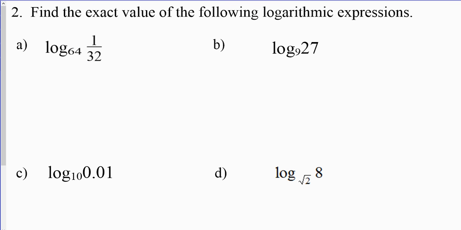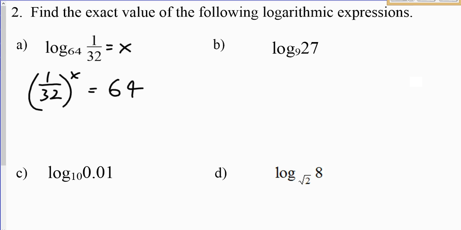So that can help us find the exact values of the following logarithmic expressions. Our first step is we want to write it as an exponent, and these should be familiar powers that we should know. So I always let these equal x. Then I'm going to say 1 over 32 to the x power is equal to 64. In order to do so, I want to try and write things with the same base.